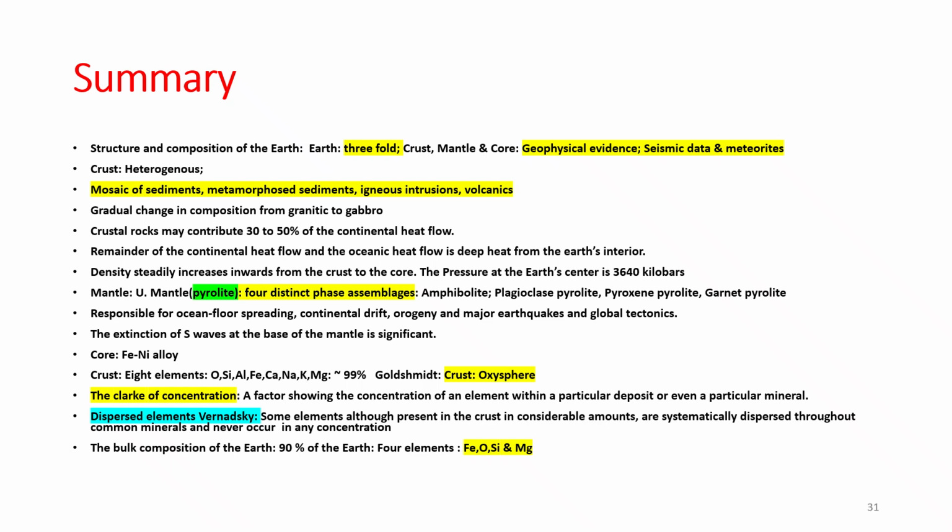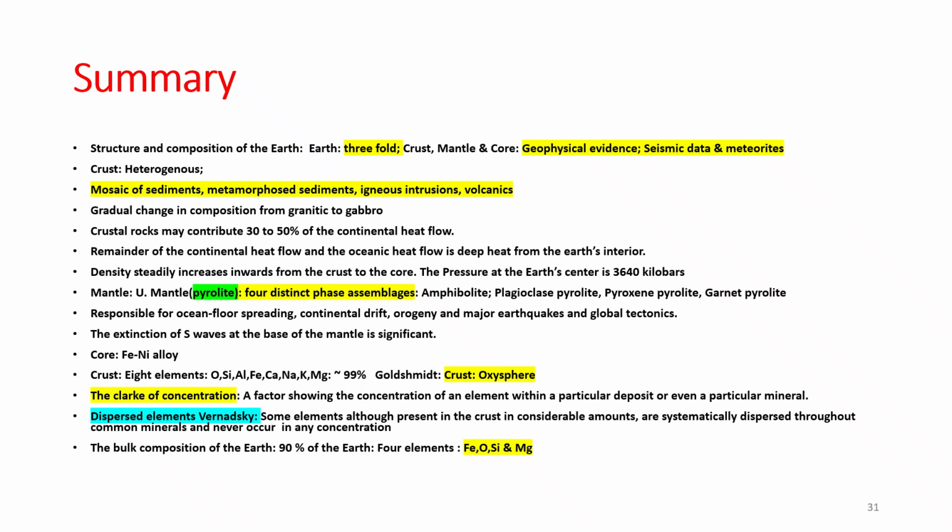Coming to the summary, structure and composition of the earth. This is based on geophysical evidence, seismic data, and meteorites. This data revealed that the earth is threefold, that is, it is divided into crust, mantle, and core. The crust is heterogeneous, and it includes a mosaic of sediments, metamorphosed sediments, igneous intrusions, and volcanics.